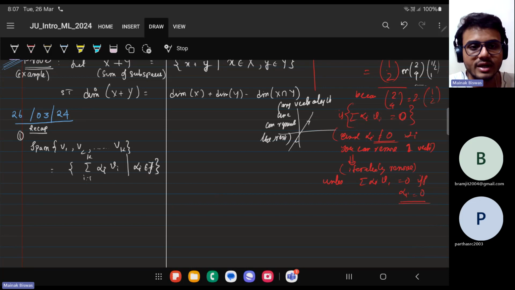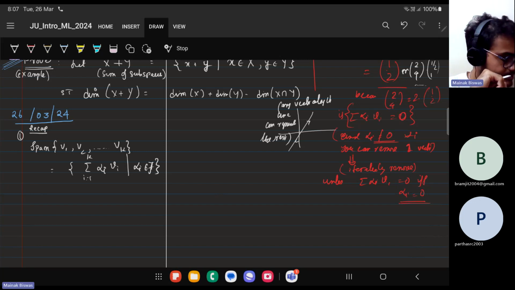So the span of k vectors is the collection of the linear combinations of all these vectors.